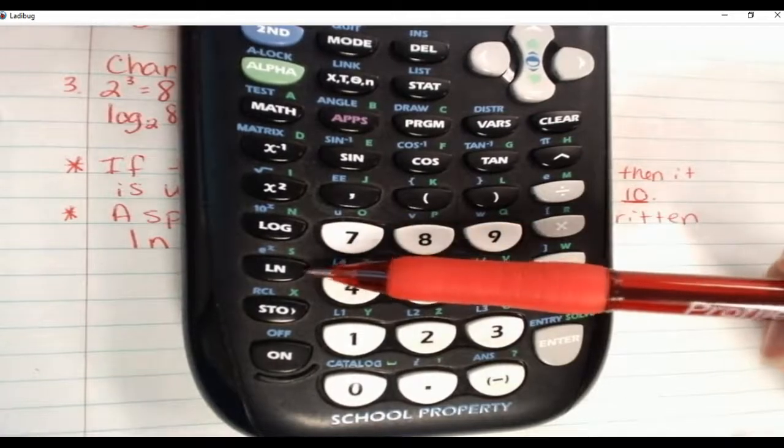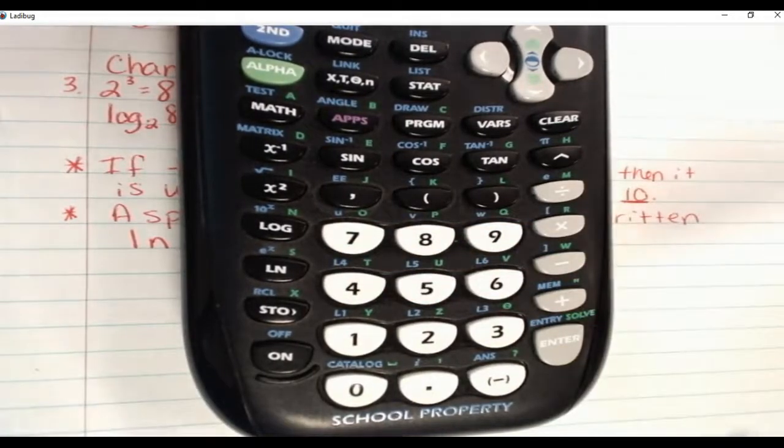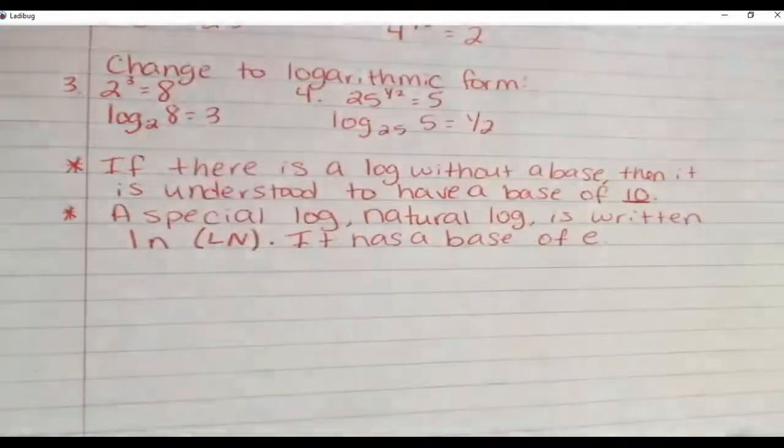And then LN, that natural log, is right there beside the 4. Okay, so there's your 2 log buttons.